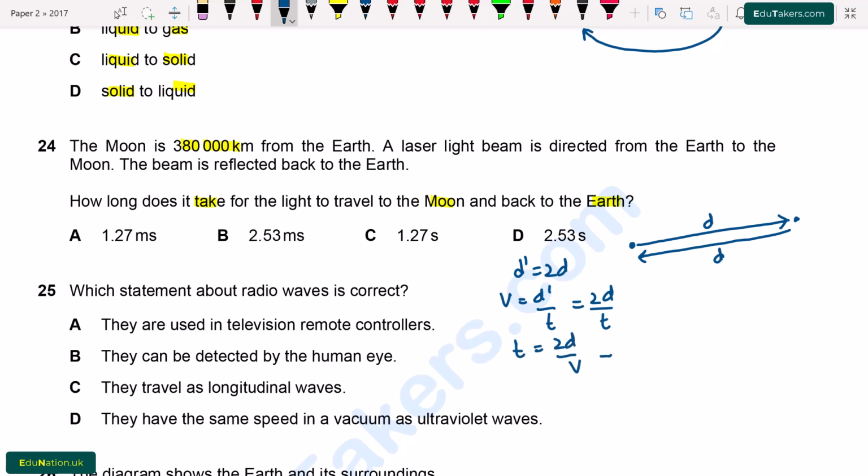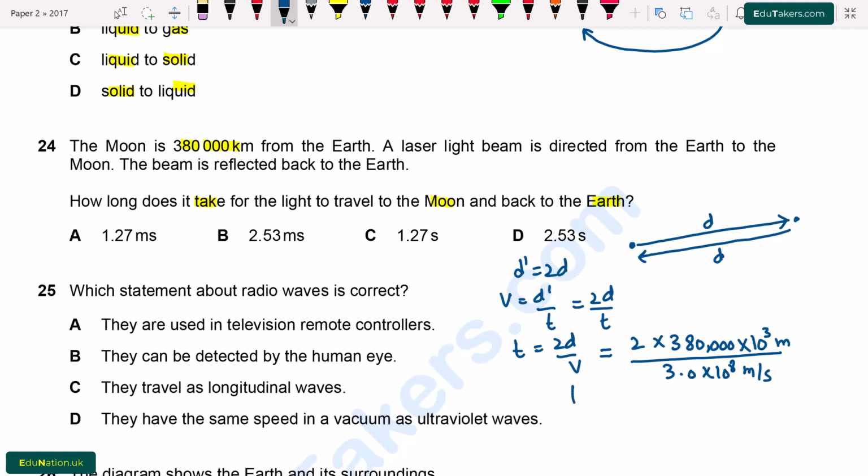I am going to put values here. 2 multiplied by distance, which is 380,000 multiplied by 10 to the power 3 meters divided by v. v is 3.0 into 10 to the power 8 meter per second, which is the speed of light. So there will be 3.0 into 10 to the power 8 meter per second.